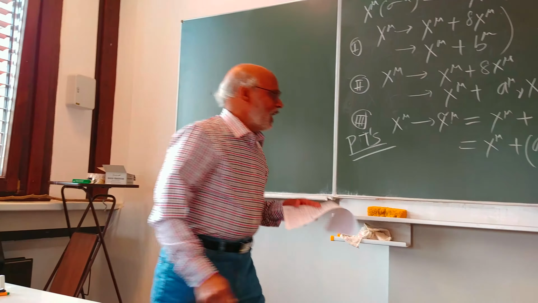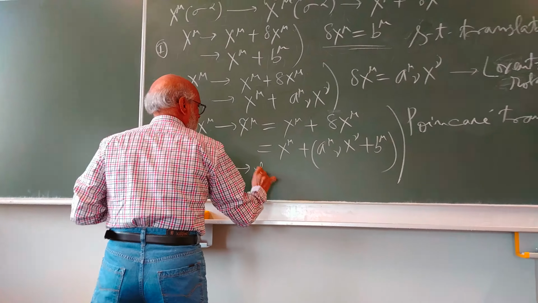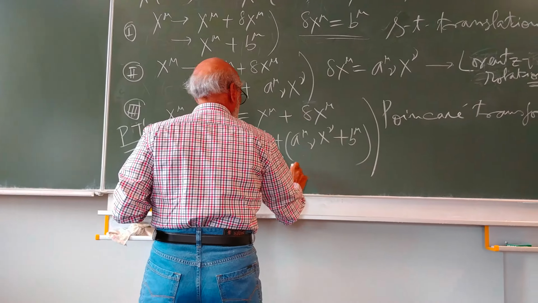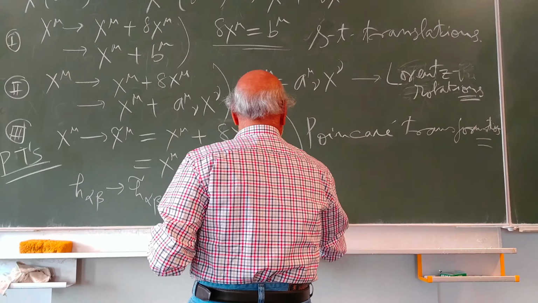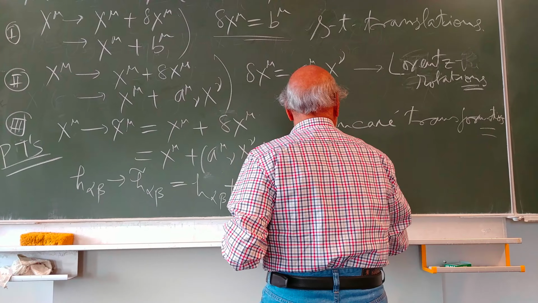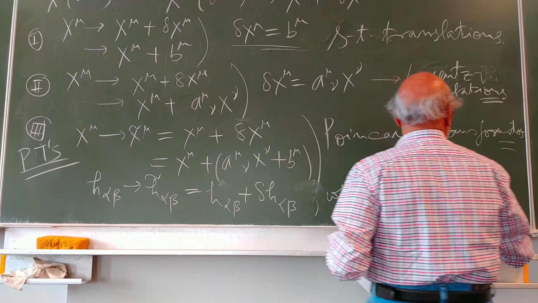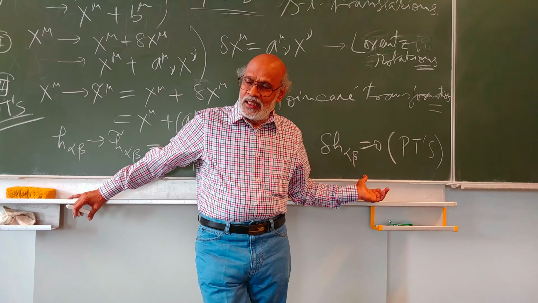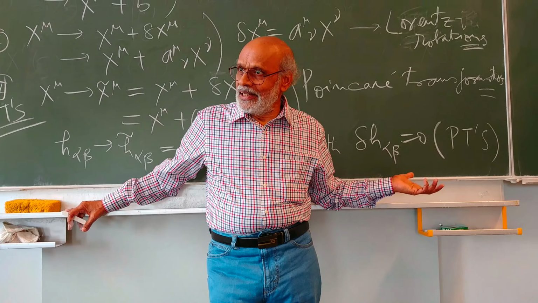Poincare transformations, and under the Poincare transformations, H alpha beta, the two-dimensional auxiliary field, which is the worldsheet metric, remains invariant under the Poincare transformations.